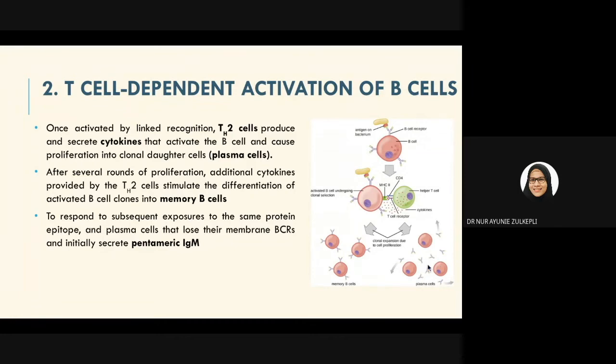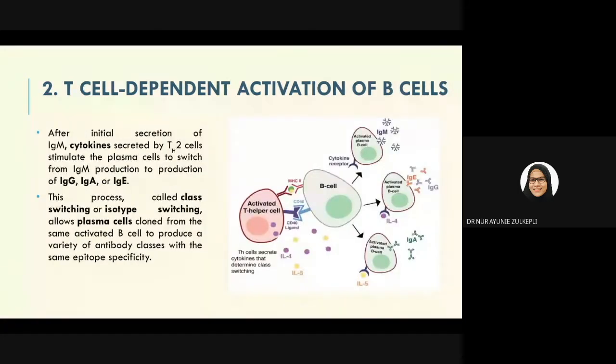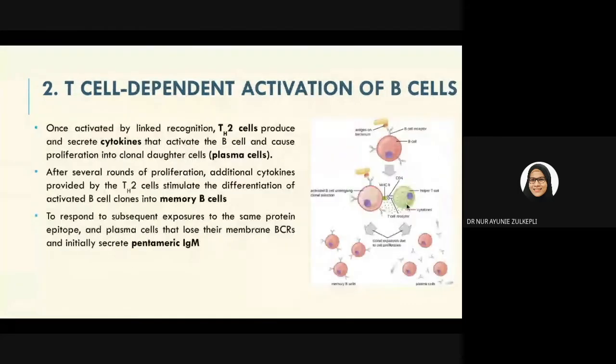The plasma cells, which can produce and secrete antibody, will release the pentameric IgM, the first type of antibody produced. Is the difference between T cell independent and T cell dependent clear? Is everyone clear before I proceed?